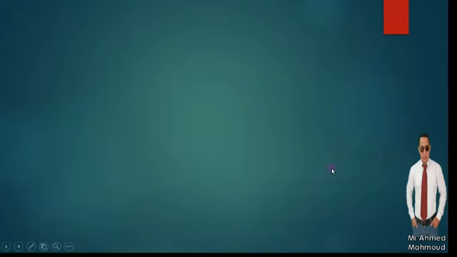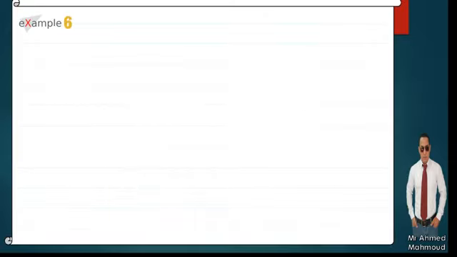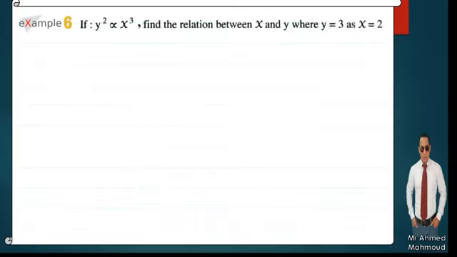Okay, another example. In this example, y power of 2 varies as x power of 3. Find the relation between x and y at y equals 3 and x equals 2. First, y power of 2 equals m x power of 3.